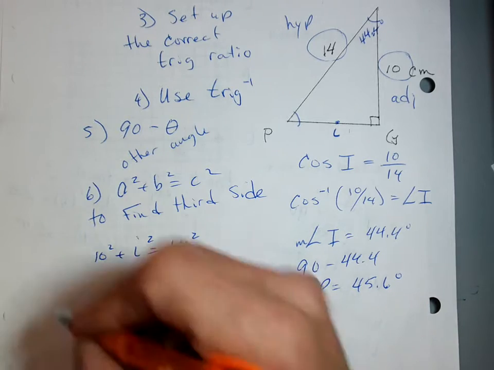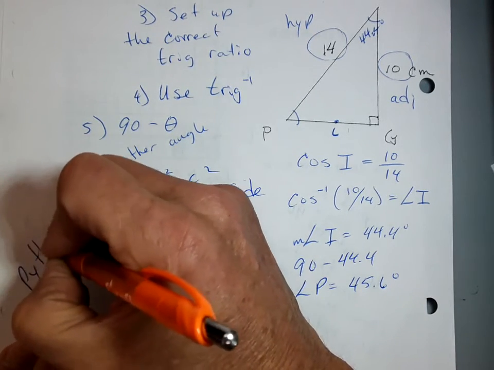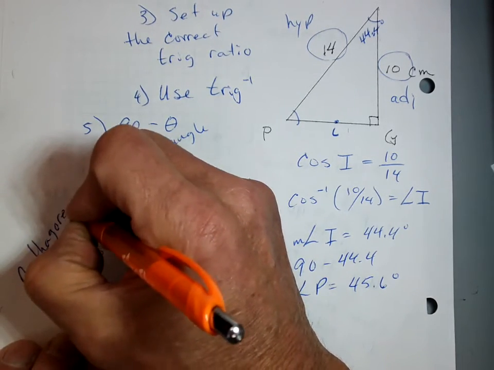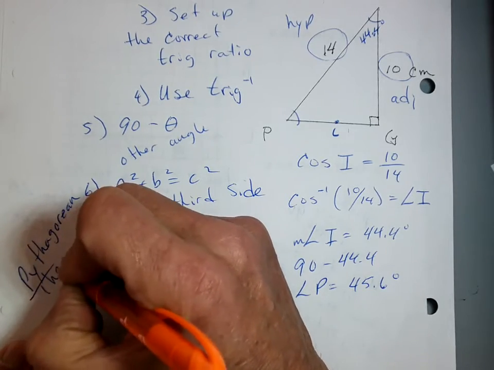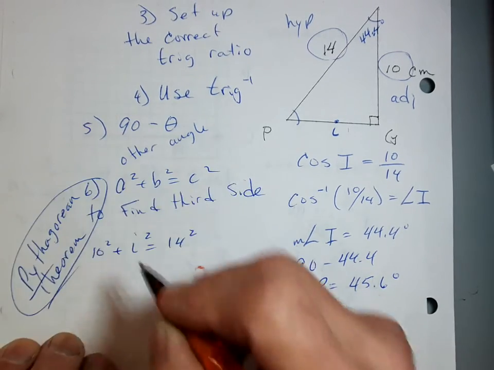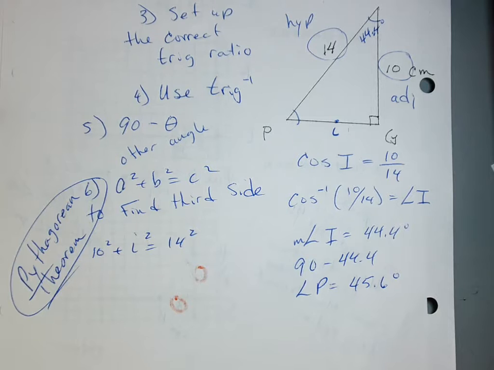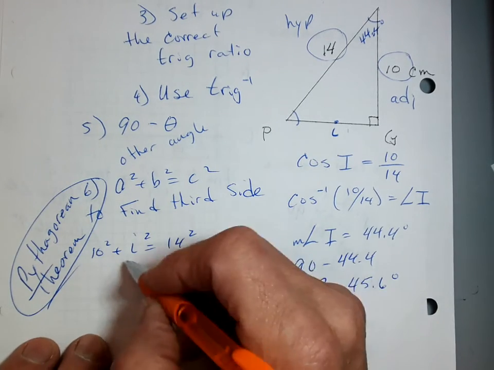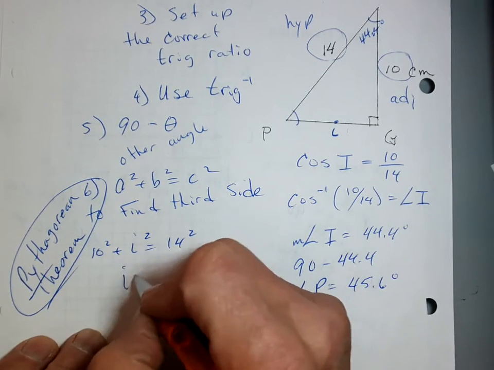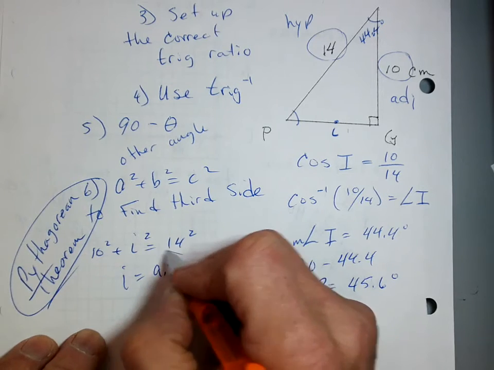Pythagorean theorem. There it is. So 14 squared minus 10 squared, and if I square root that, I get an answer of about 9.8. So little I is about 9.8. Okay?